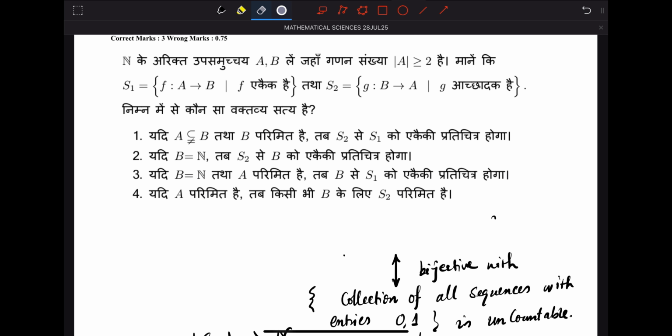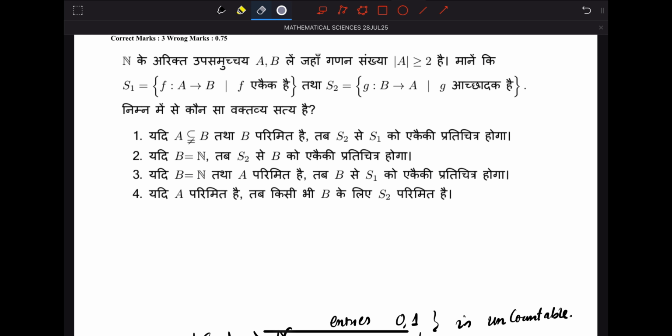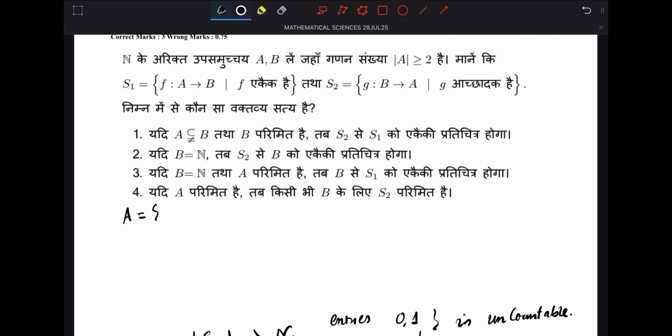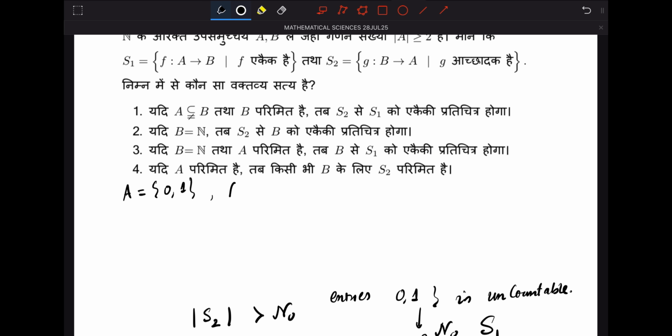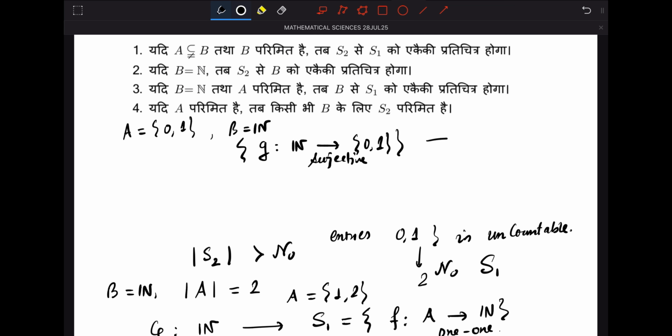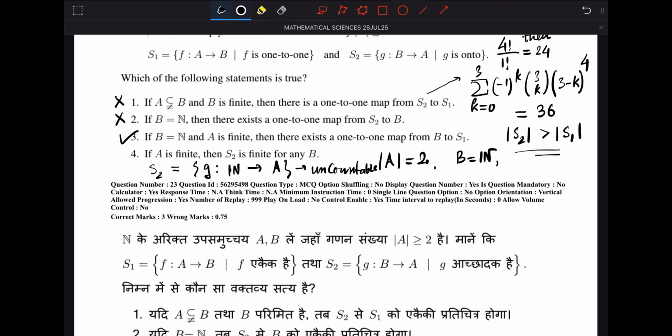Let us do it here. Let A be {0, 1} and B be N, and the collection of all surjective functions from N to {0, 1} is uncountable. So this is not true.